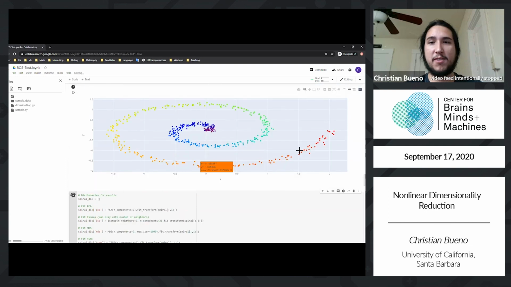Obviously it depends a little bit on the hyperparameters, but with Isomap, assuming we are not using too many neighbors, it will be pretty difficult to short circuit here. If we're using 5 neighbors, then we should be able to perfectly unroll this.